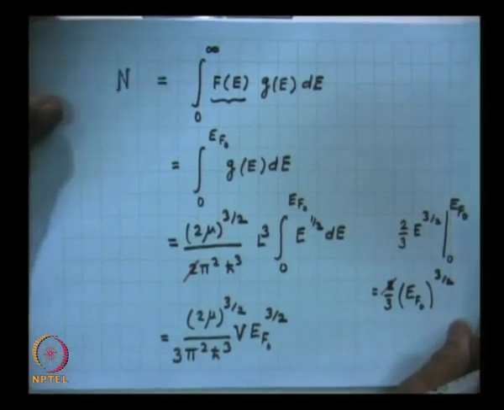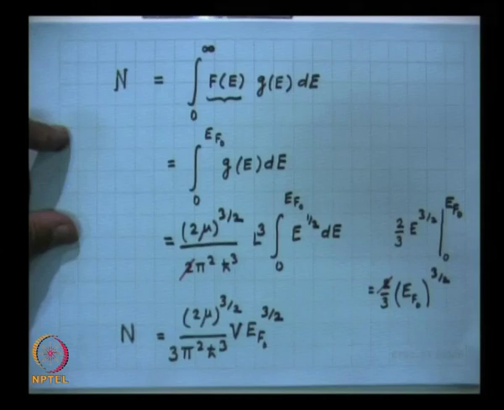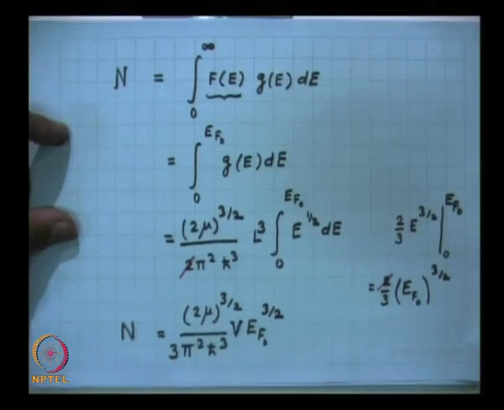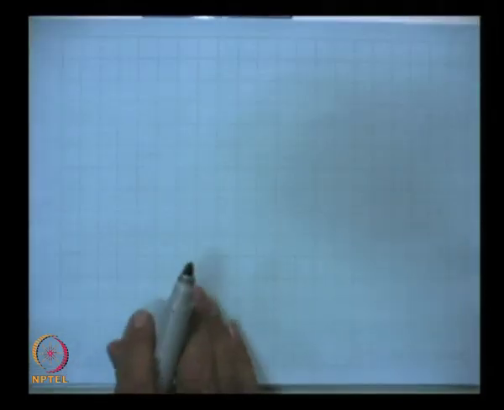So, let me write this down once again. So, the total number of electrons inside the metal will be 2 mu raised to the power of 3 by 2 divided by 3 pi square h cross cube multiplied by V. So, let me rewrite this.